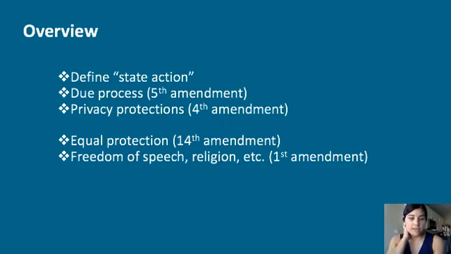And then we'll look briefly at some of the privacy protections embedded in the Constitution and how those impact K&R practitioners. When we revisit part 2 of our constitutional law unit in a week from now, we'll touch base on the concept of equal protection and also the First Amendment. We'll look at the various freedoms embedded in that.